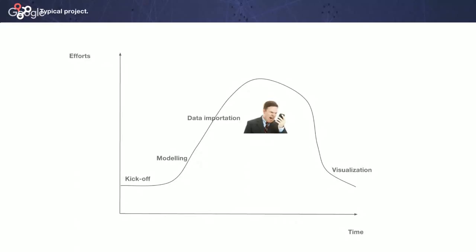Then there's a modeling phase during which experts model and represent the data in a graph model according to the business objectives set in the kickoff stage. When the data is actually modeled, it can then be imported into a Neo4j database, and then when it's done, it can be visualized in Linkurious.